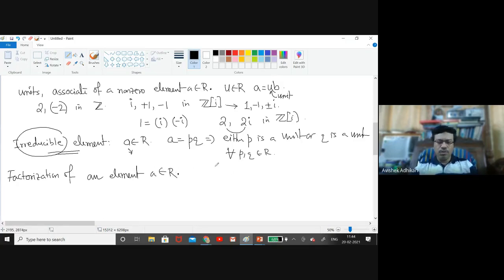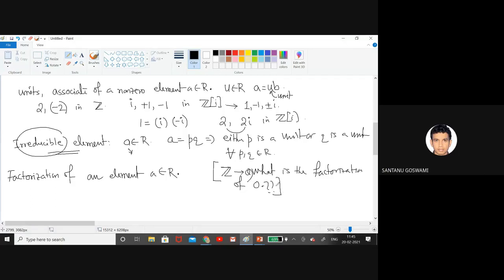Now, suppose I say that in Z, for example, can you factor 0? What is the factorization of 0? Suppose I don't know anything about factorization in a ring, I am just asking you a simple question. What is the factorization of 0?